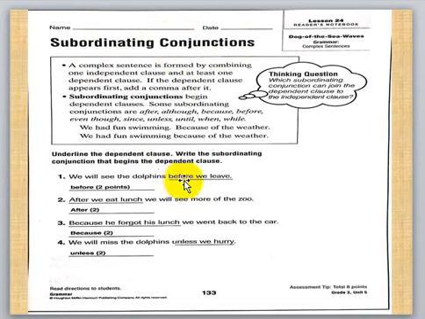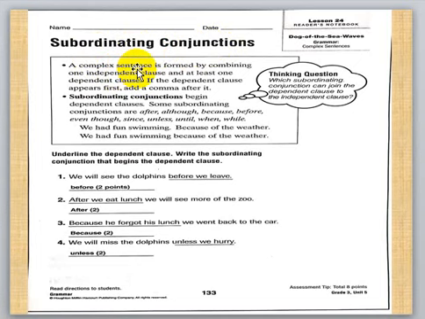Before we leave, when we start with before, what kind of clause is it? It's dependent. Where do we put a subordinating conjunction? We put it in a complex sentence, like the other page.